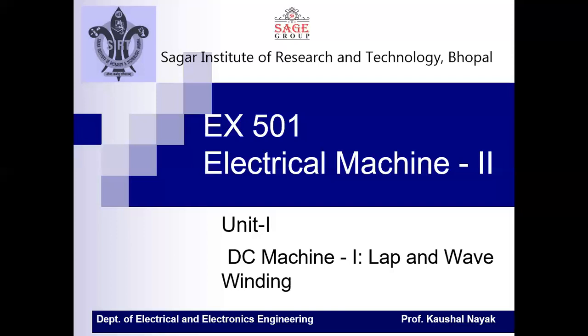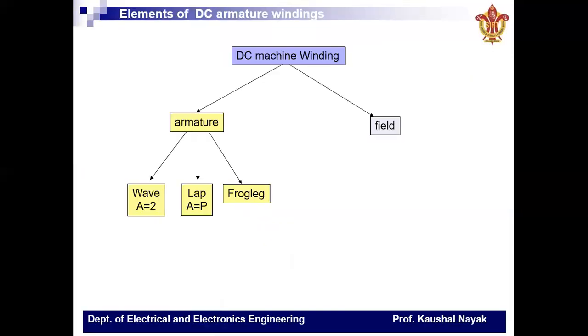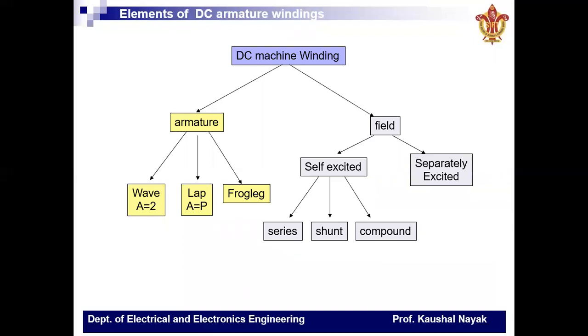One is lap winding and the other is wave winding. Other windings that are used in DC machine are field winding, which is not part of our today's discussion.